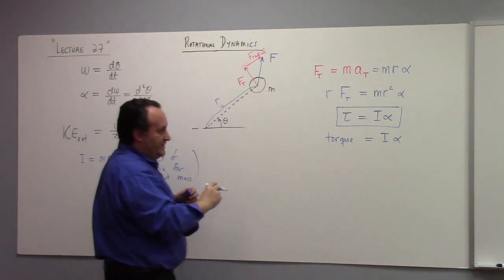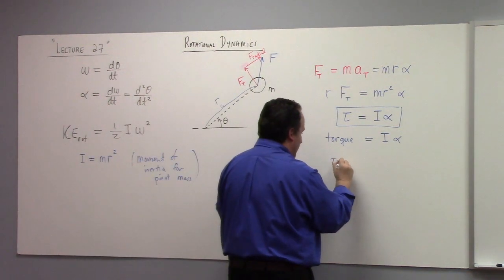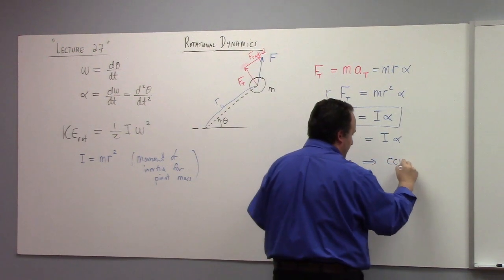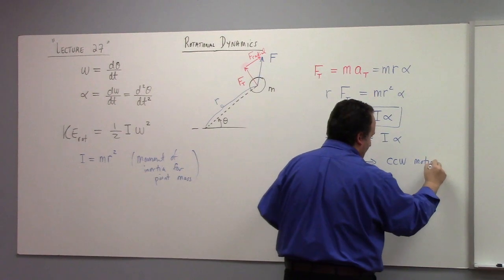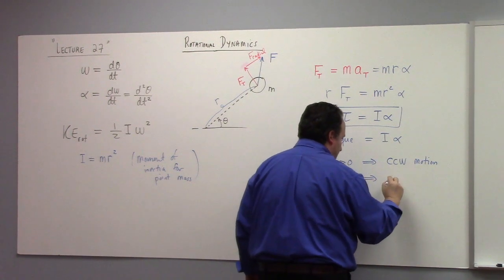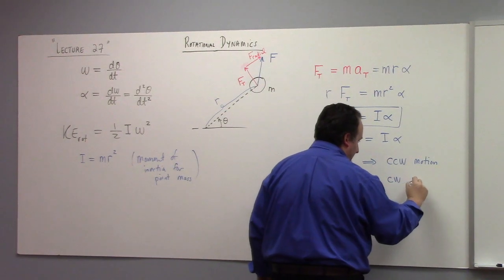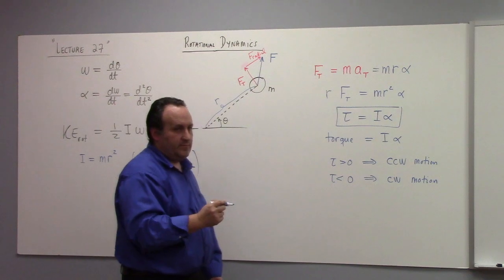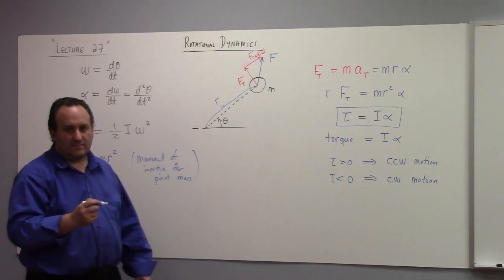So the rule is that torque greater than 0 implies counterclockwise motion, right? And torque less than 0 implies clockwise motion. Does this terminology resonate with you guys?